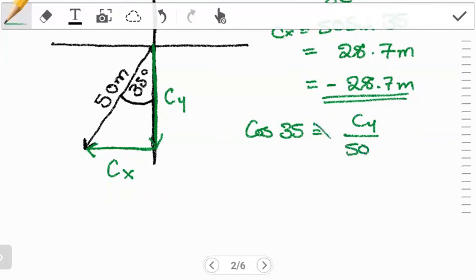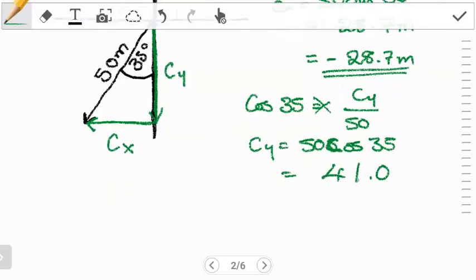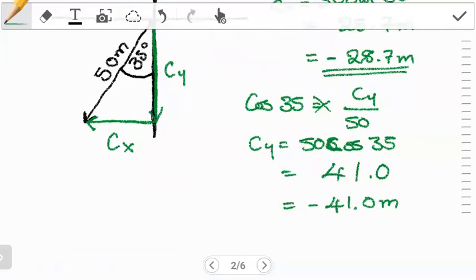Cross multiply, and Cy equals 50 cos 35, which gives 41.0. But again, this is going down, so we bring in that negative: negative 41.0. So this is one way we can do it.